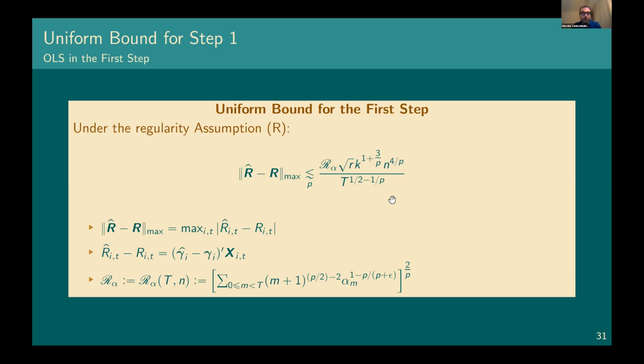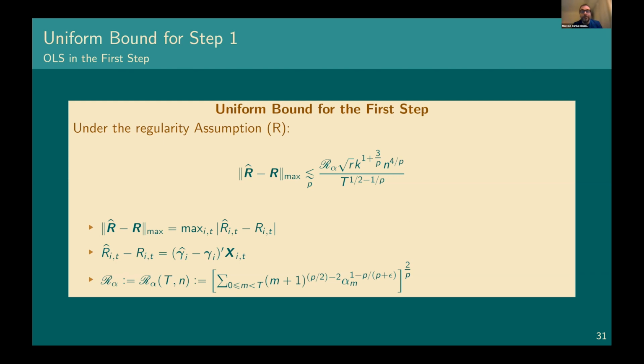And then you may ask, what on earth is this calligraphic R alpha here? That's what the referee asked us: not only to make the result explicit in all these quantities, but also to allow the mixing coefficient of the alpha mixing process to change with the sample size. So instead of assuming exponential decay for every series, this can change with the sample size.